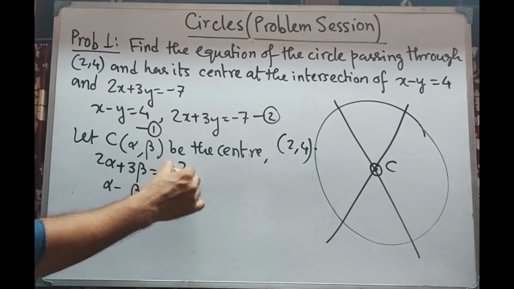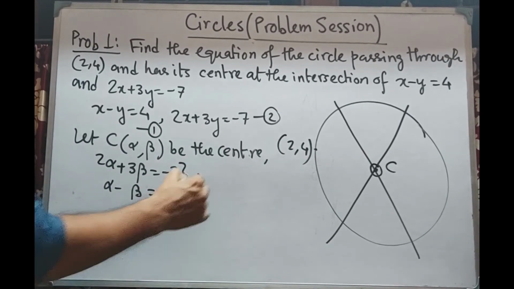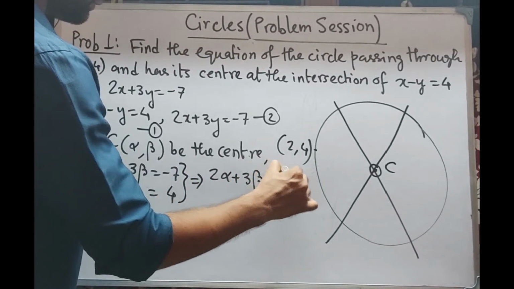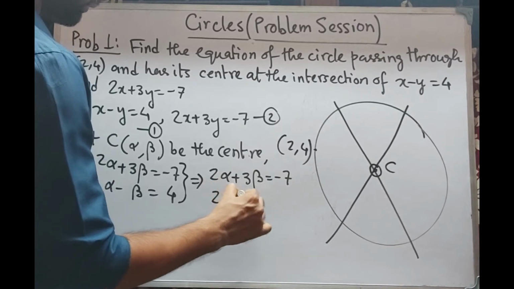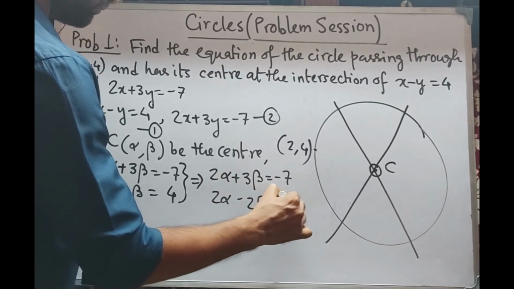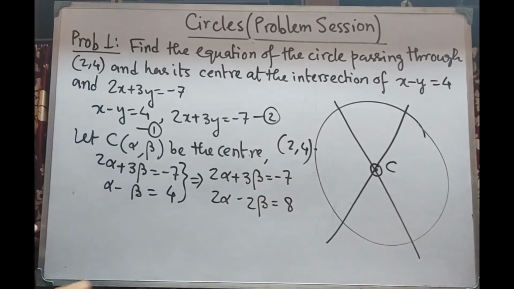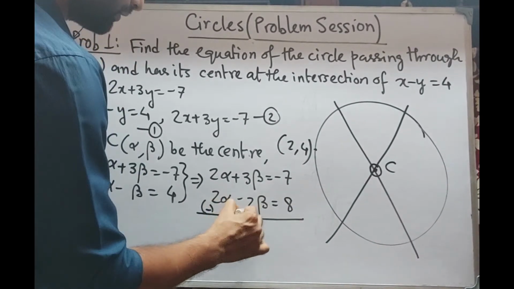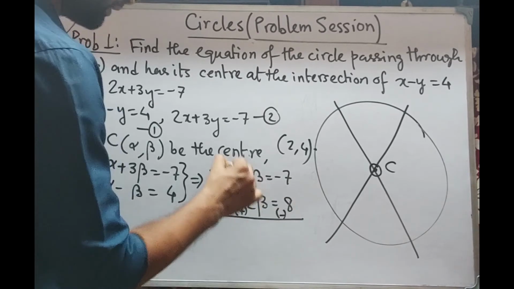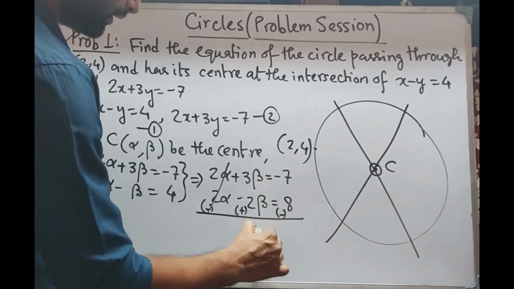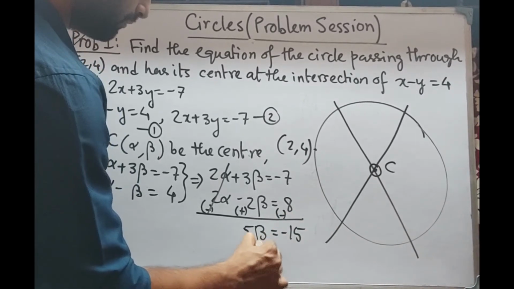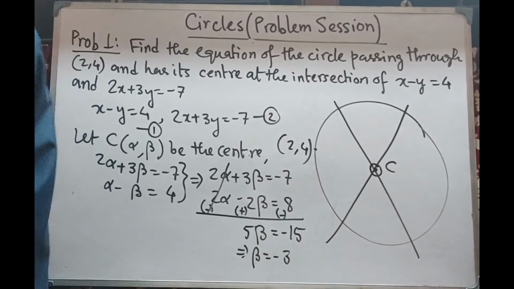So then we can multiply this second equation with 2 so that we can get 2 alpha minus 2 beta is equal to 8. Now if I subtract these two equations, we will get something like this. This 5 beta is equal to minus 15. That means beta is equal to minus 3.